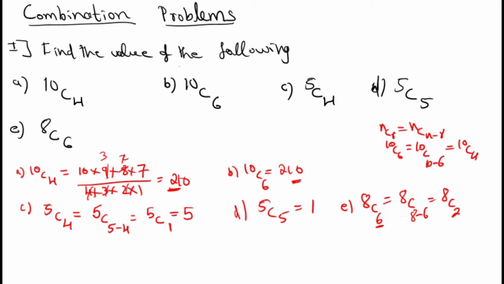That's why I use this formula. How to calculate the 8C2 value? 8C2 is equal to 8 into 7 by 2 into 1. 2 ones are 2, 2 fours are 8, 7 fours are 28. The value is equal to 28. This is how to calculate the nCr value.